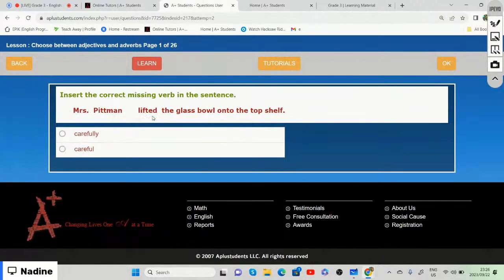So Mrs. Pittman carefully lifted the glass bowl onto the top shelf, or Mrs. Pittman careful lifted the glass bowl onto the top shelf. We need to choose one of the words.